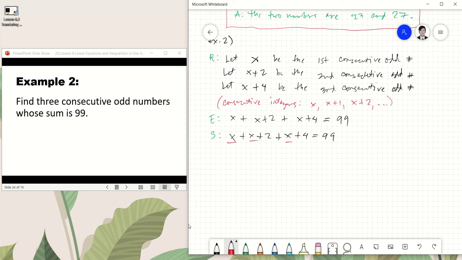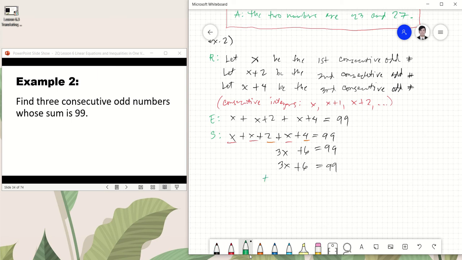X plus x plus x is 3x. Then, 2 plus 4 is 6. And afterwards, yung 6 dito, that's our second term, wala siyang variable x.